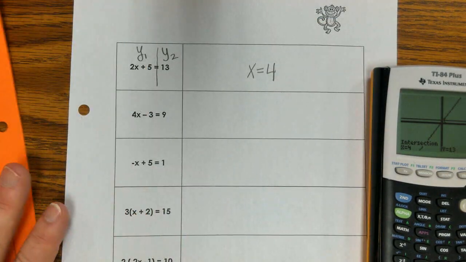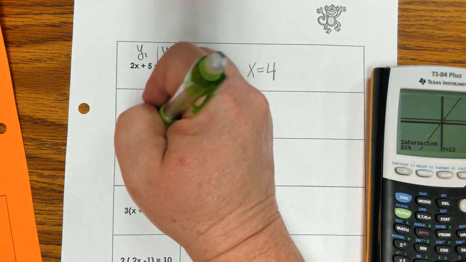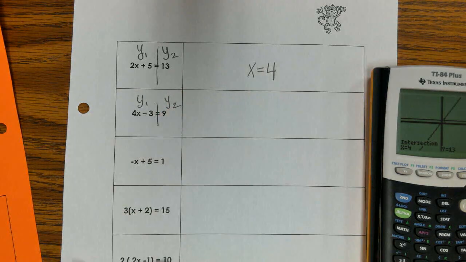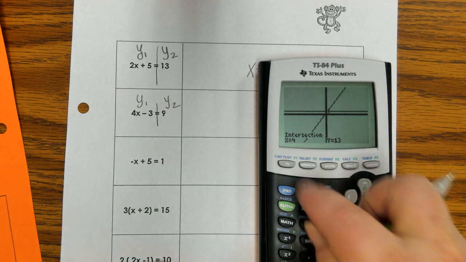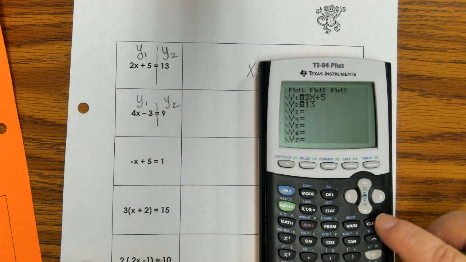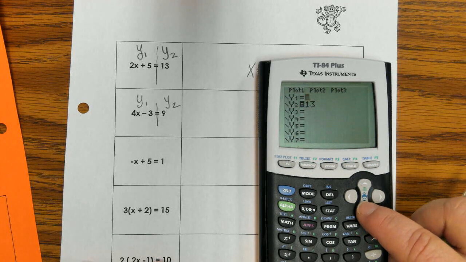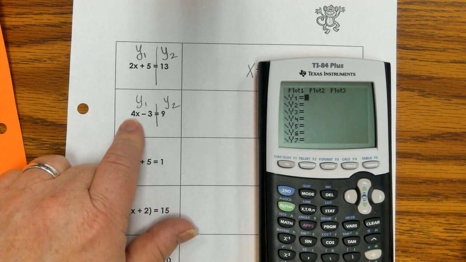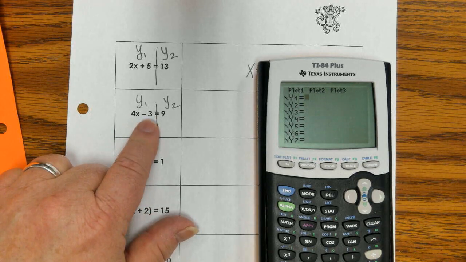And we're going to go to the next one, okay? Now I'm going to show you a problem that might happen with the next one. If I'm going to go back to y equals, I'm going to hit clear, I'm going to arrow down and hit clear, I'm going to arrow back up to y1, and I'm going to try 4x subtract 3.